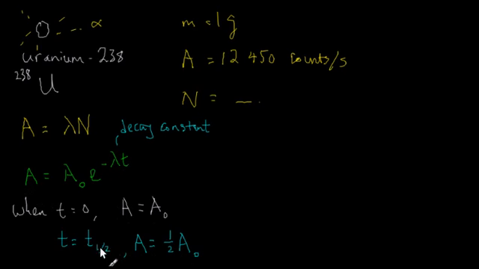If we put t half into the t there, the A here should be equal to half A naught. So let me do this. This becomes half A naught is equal to A naught e to the power of minus lambda t half.